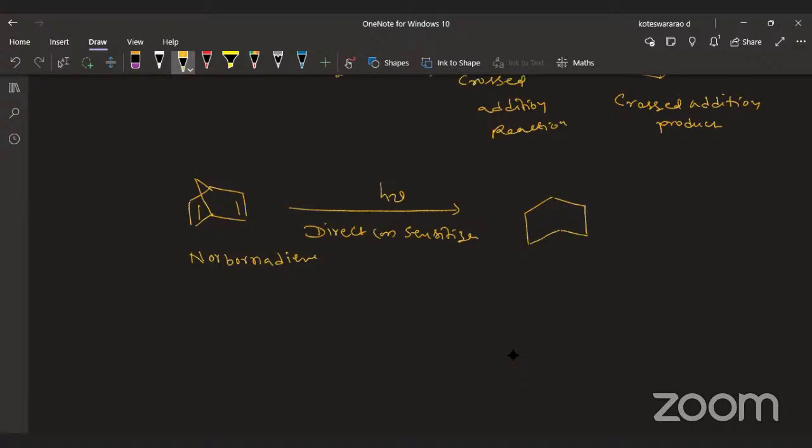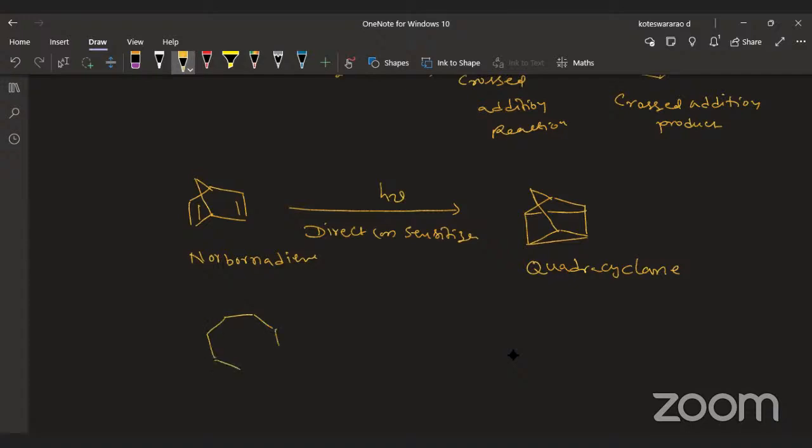That leads to the formation of a quadricyclic compound, known as quadricyclane.